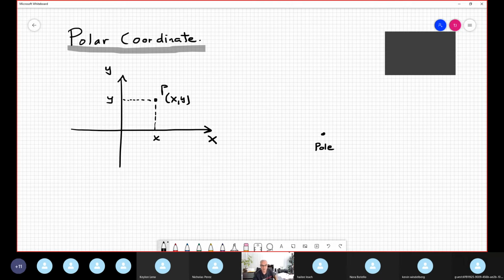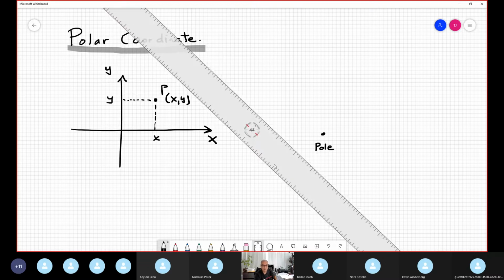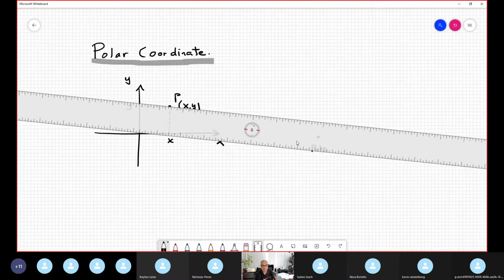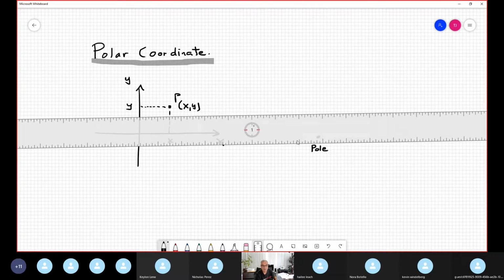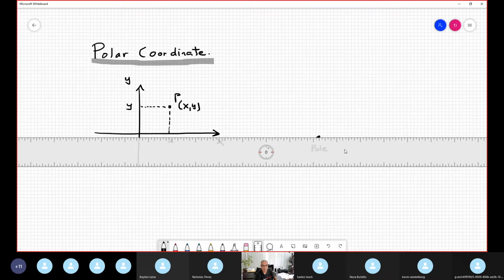And we have only one axis, this one. Okay, let's call it, I'm using the ruler, zero degrees. We have one axis, let's call it the polar axis. Normally, I don't know why I put a dotted line.